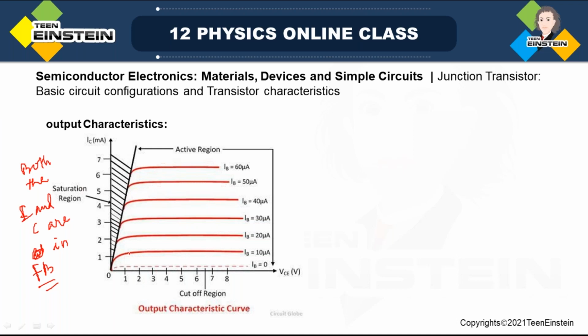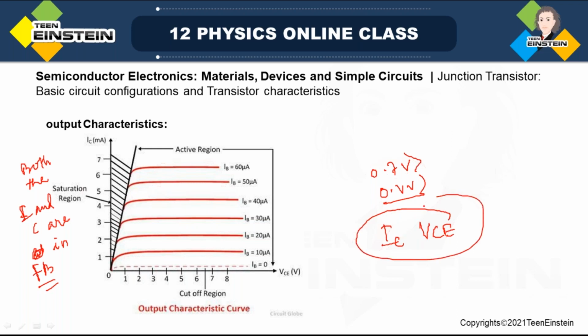Now you see, beyond a certain voltage, maybe 0.7 or 0.6 volt, the current grows slowly and shows a kind of knee, and then the current remains almost constant.